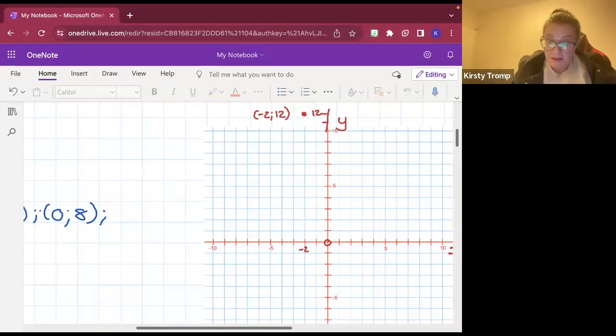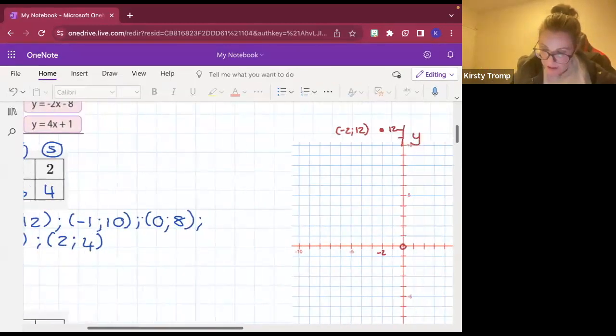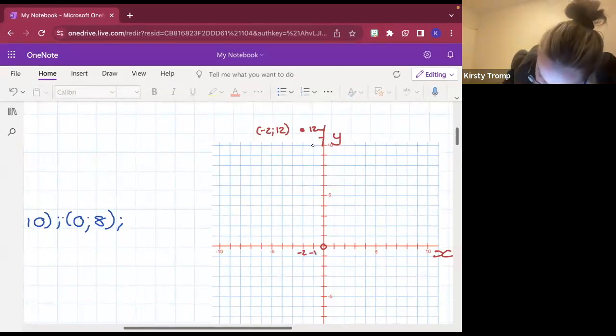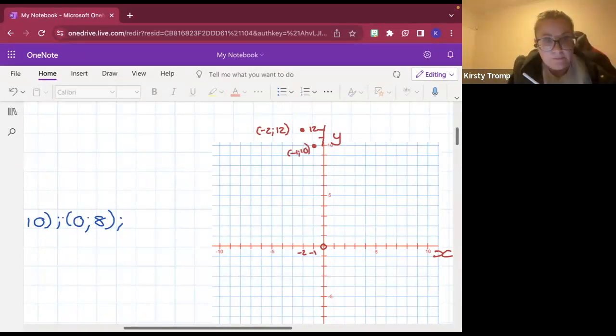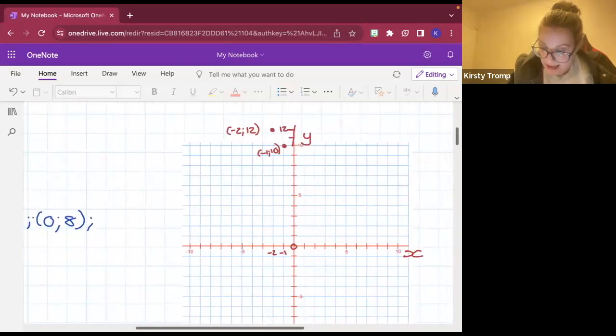All right. My next point is (-1, 10). Well, that one I can do. Here's -1. So I'm going to go -1, and there is 10. Remember, I'm labeling them. (-1, 10). Okay. (0, 8). Well, this one I don't really need to label. Why don't I really need to label it?